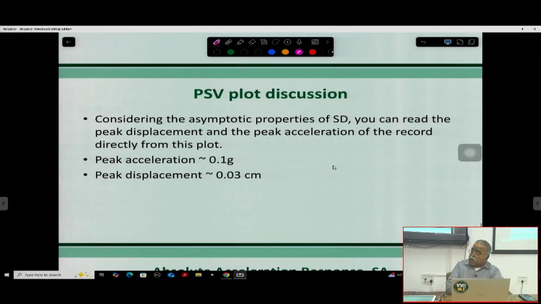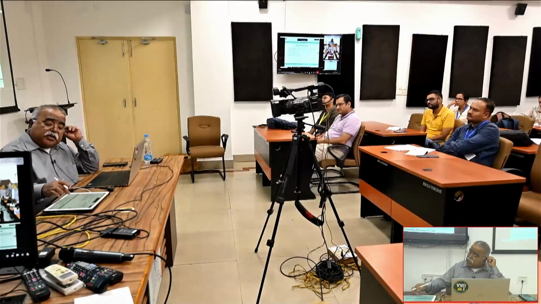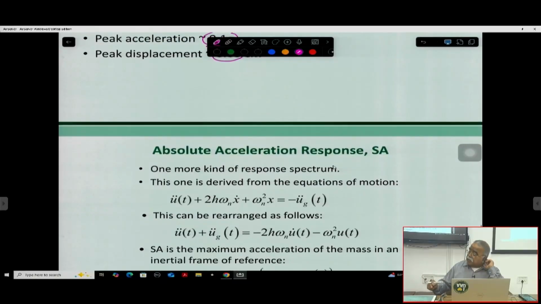Now, let's say for your ground motion, the peak acceleration is 0.1 g. Let's say the ground peak acceleration comes at 0.01 g, and the peak displacement of the ground, which we calculated last time, let's say is 0.03, right?